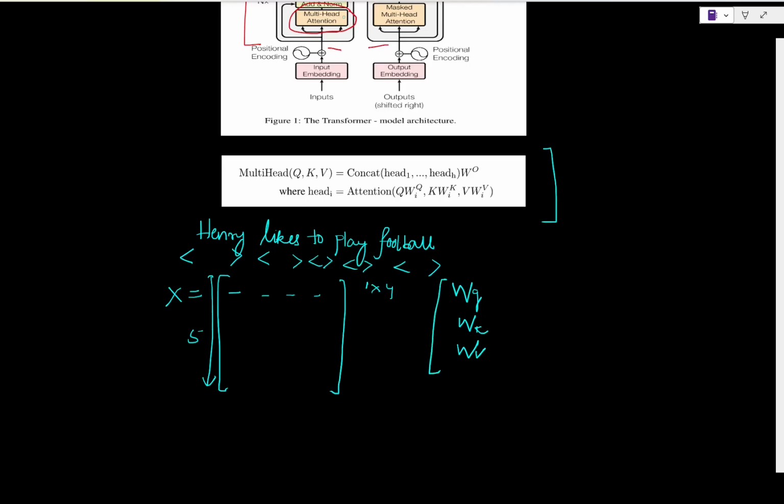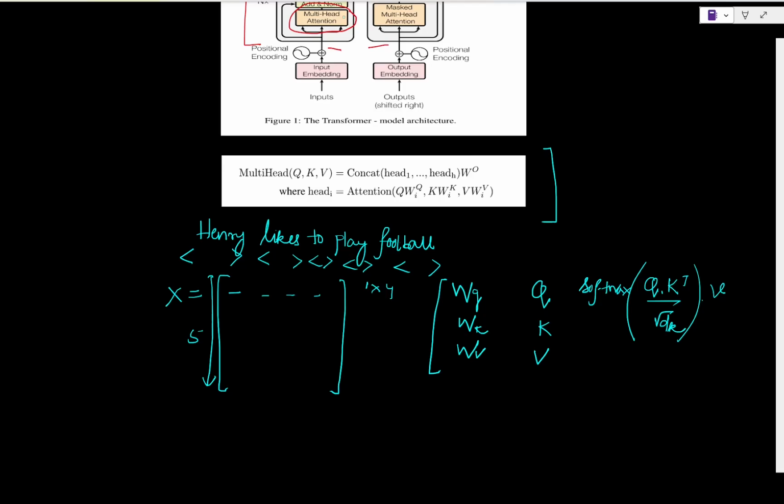We are projecting into these spaces to create query, key, and value matrices, and then effectively we compute query multiplied with key transpose divided by the square root of dimensions, finally multiplied with value. This is effectively what the attention mechanism is doing to get the final vectors.